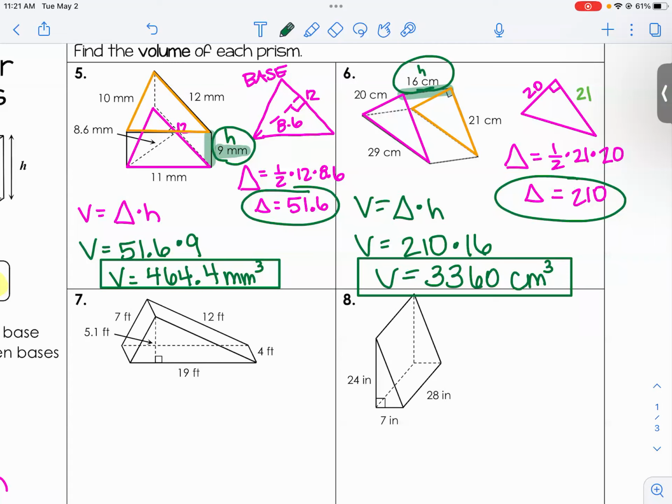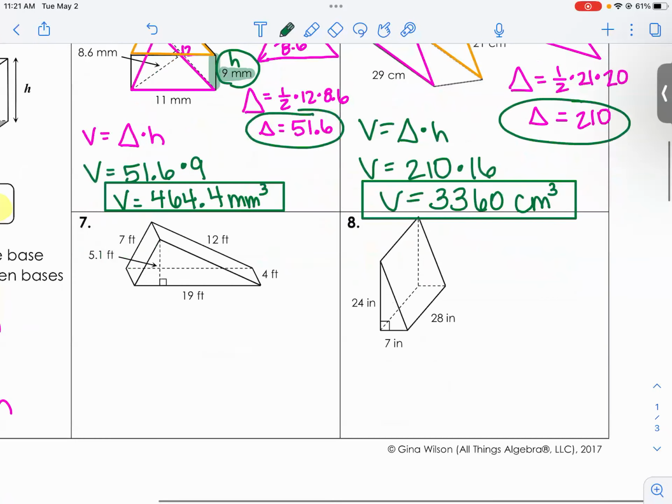How did you get this number? Okay, so the area of a triangle is 1/2 base times height. So we need to take 1/2, the base is 19, and the height is 5.1. Okay, so that's how we need to find that first number. For this one, what do I? The height.